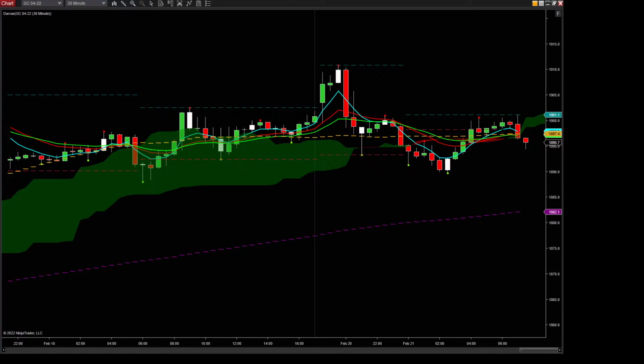So there's a lot of congestion here in gold in the 30 minutes in the moving averages. The moving averages are not clearly moving to the upside. I thought that this would happen up here, but it did not break. It was a run of stops and then came back.